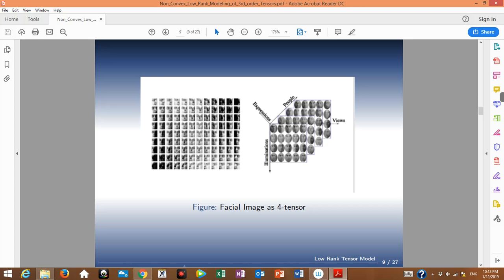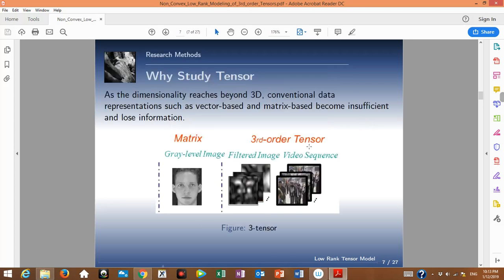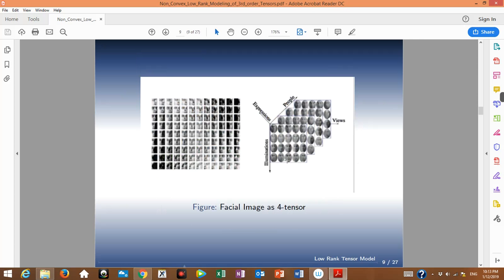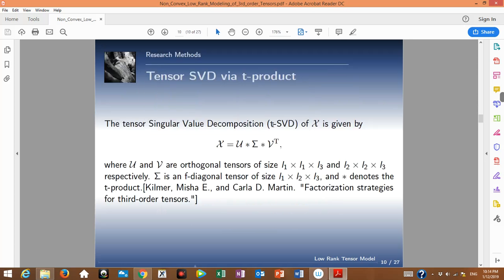So we can construct a fourth-order tensor to represent this facial image. That is why we need to introduce a third-order tensor or even higher-order tensors to represent high-dimensional data.